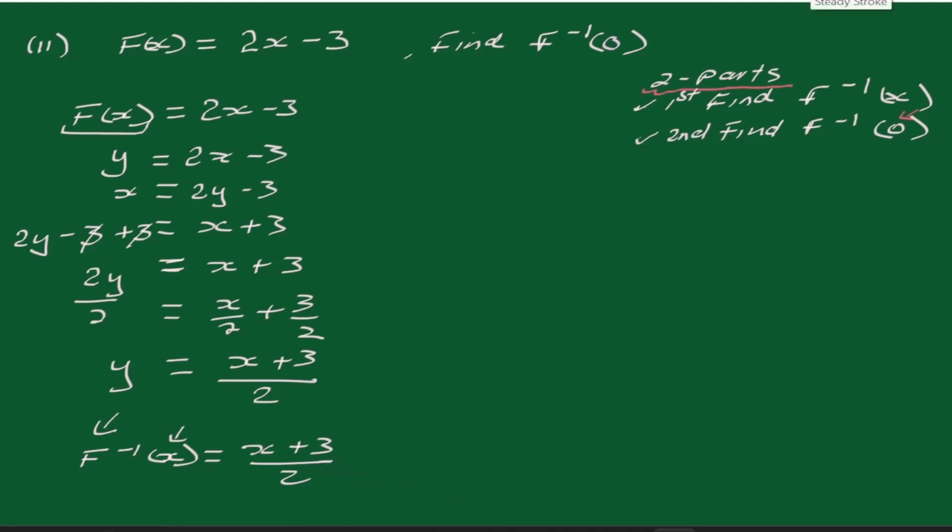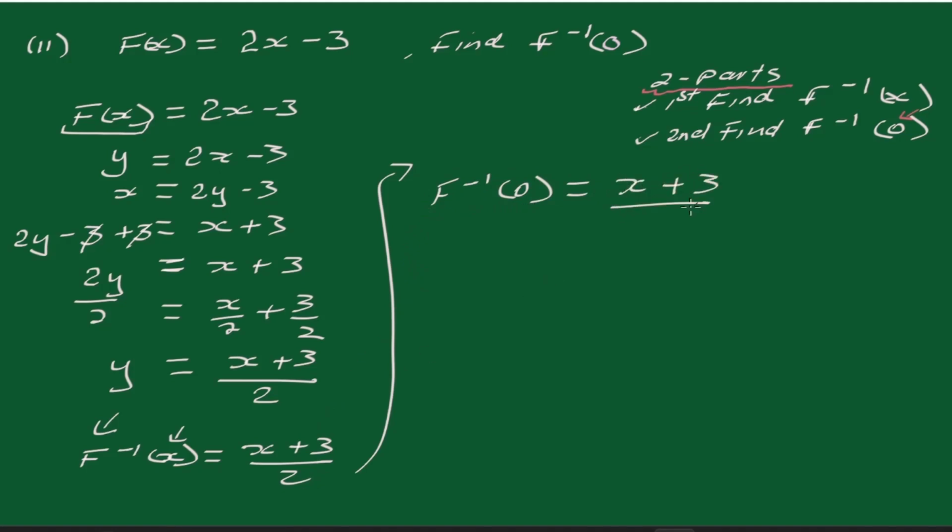Now we'll answer the second part of the question. So the second part of the question, we want to find the inverse function when the input to the function is 0. So f inverse of 0. Since the inverse function is x plus 3 over 2, and this here, which represents our x value, is 0.